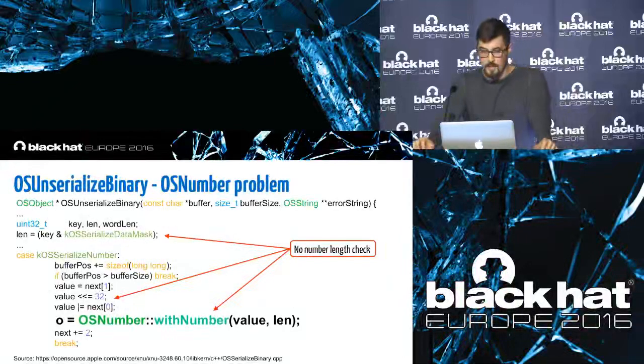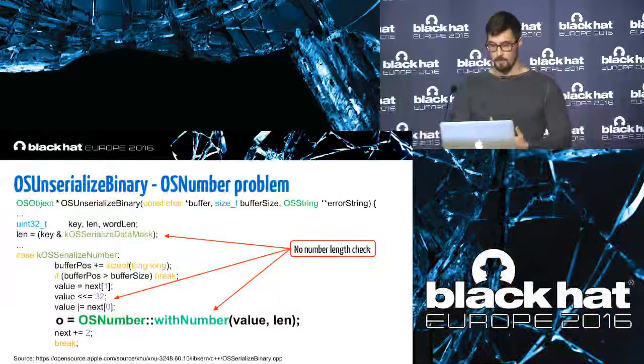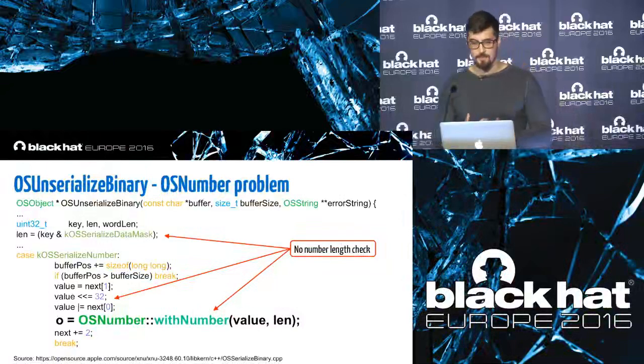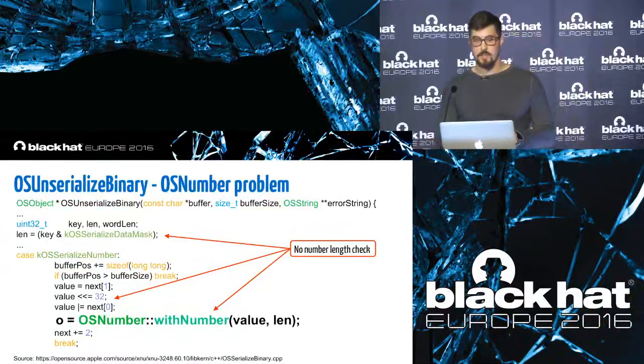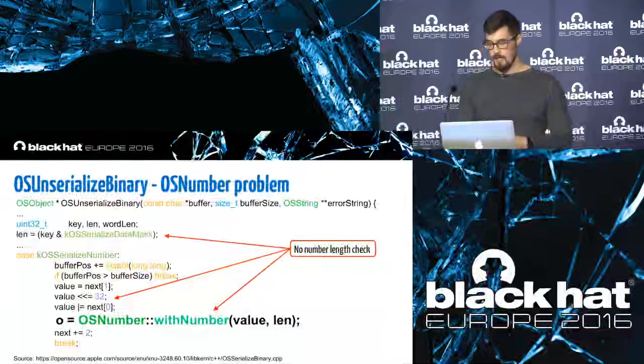So OSUnserializeBinary is a method to handle binary serialized data. It converts a binary format to basic kernel data objects. It supports different container types like arrays, dictionaries, sets, object types, numbers, strings, booleans. And the point of interest here is OSNumber. As we see, the OSNumber constructor gets called without any input value validation, just OSNumber withNumber call.